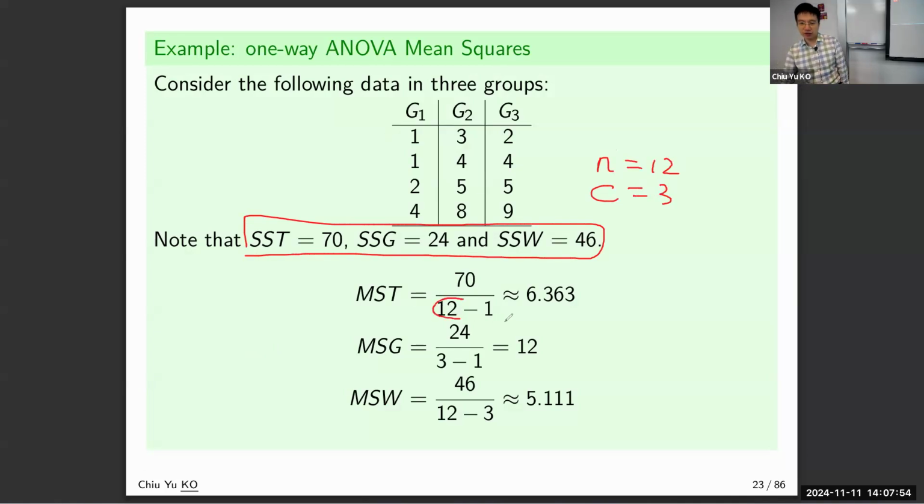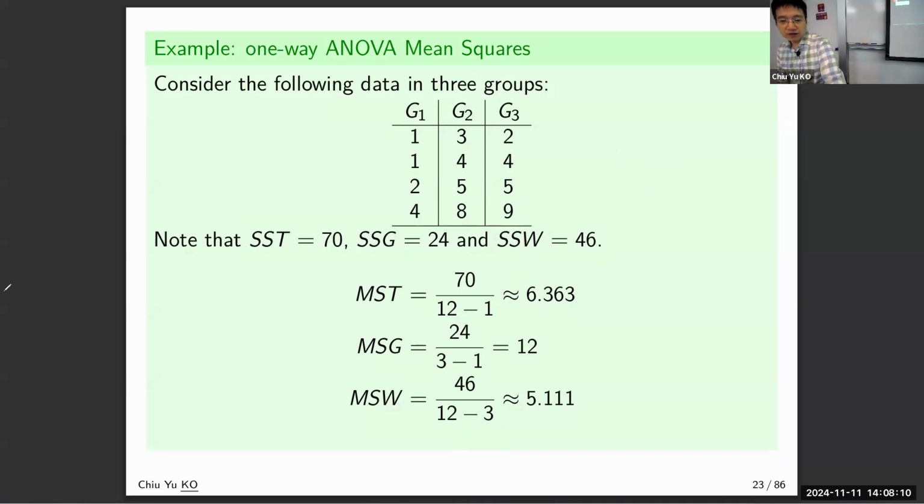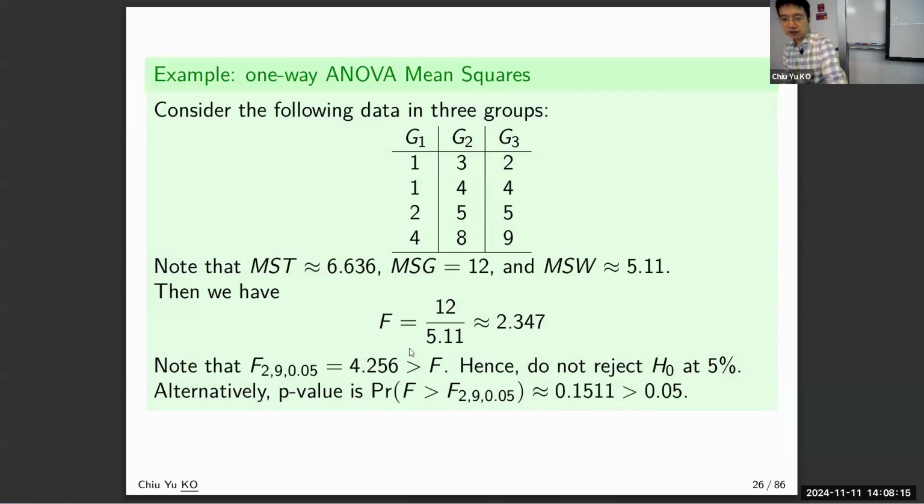MST is divided by N minus 1, and this is C minus 1, this is N minus C. That's just the formula, there's nothing new to learn there. So now the final thing is to compare the two. This is the question. Last part, and we show you how to do it in Excel. So don't worry, we'll be very fast.